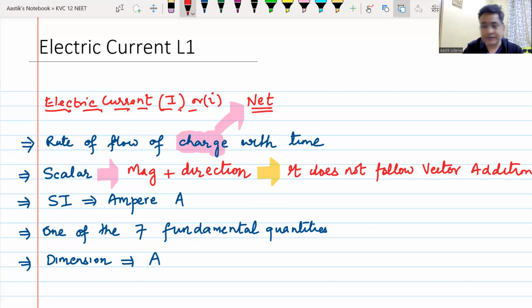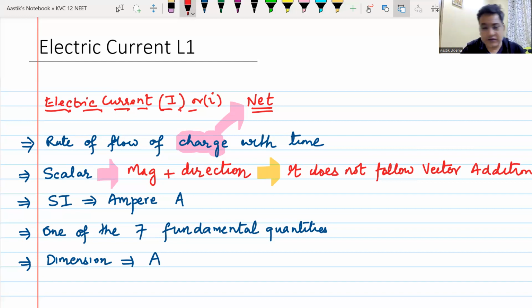But my dear friends, for this current, it does not get added like this. Current does not follow vector laws of addition. To add or subtract current, you can do it as a number. 5 ampere of current is flowing in this direction. 6 ampere current is coming from this direction.